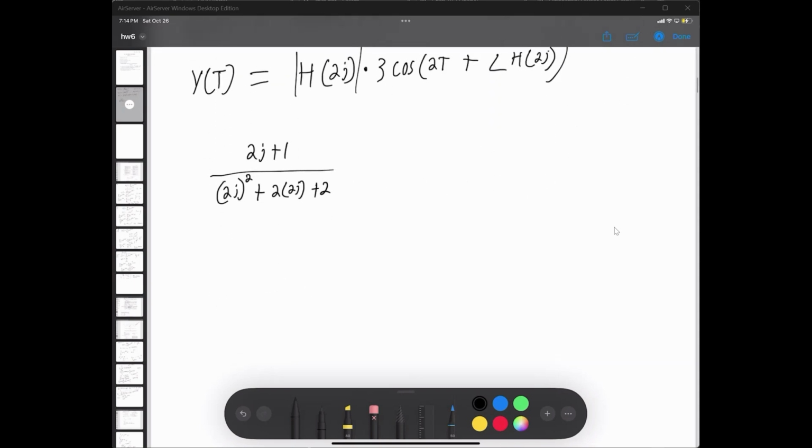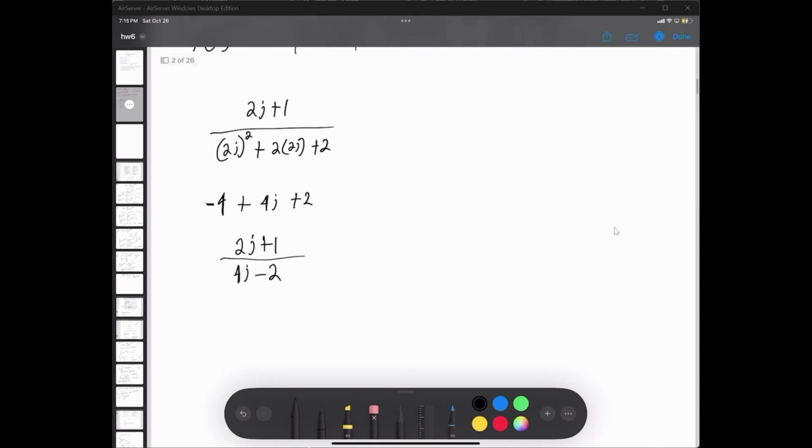Let's simplify the bottom. 2 squared is 4, j squared is negative 1, plus 4j plus 2. So we're left with 2j plus 1 divided by 4j minus 2.